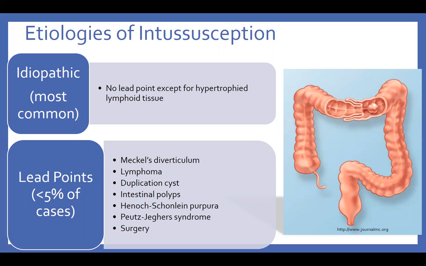The reality is this: most intussusceptions tend to be idiopathic, meaning no known etiology, no known cause, and no lead points. Intussusception with lead points tends to be very uncommon, usually representing less than 5% of the cases.